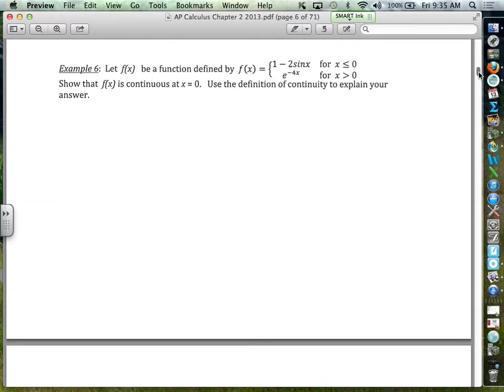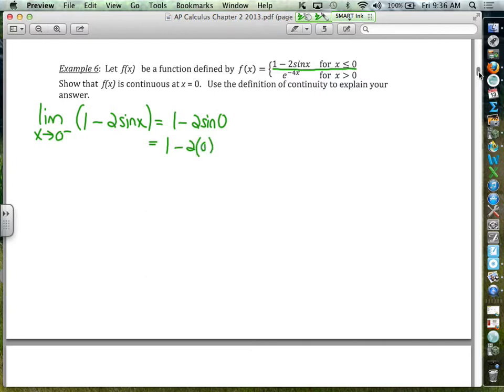Here we go. All right, so we need to look at the left and the right limit. So the limit as x approaches 0, coming from the left side, for f of x, and for the left side of 0, I'm looking at this top piece here. So that would be 1 minus 2 sine x. If I plug in 0, I'm going to have 1 minus 2 sine of 0.